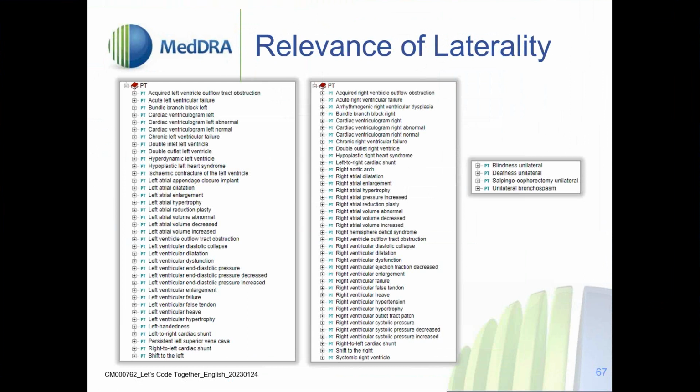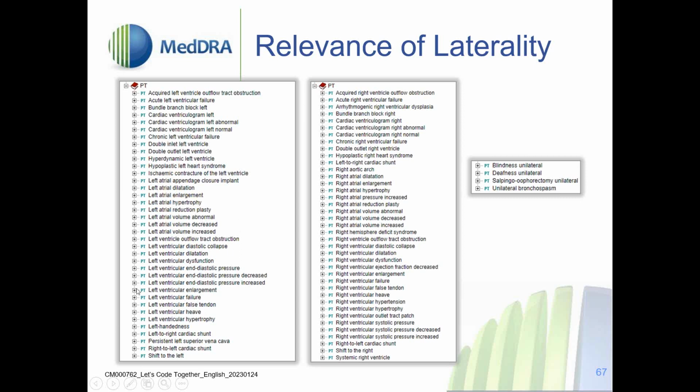When searching MedDRA on PT level for PTs which include the information left or right or unilateral, you get quite a long list of terms, mainly describing cardiac conditions, as you can see here. Cardiac ventriculogram left, abnormal, normal, or really cardiac conditions. These would be investigational findings or medical conditions like left atrial hypertrophy.